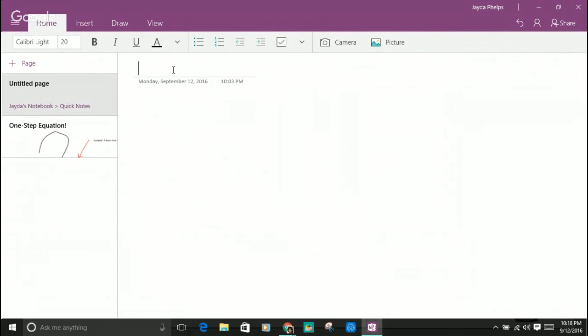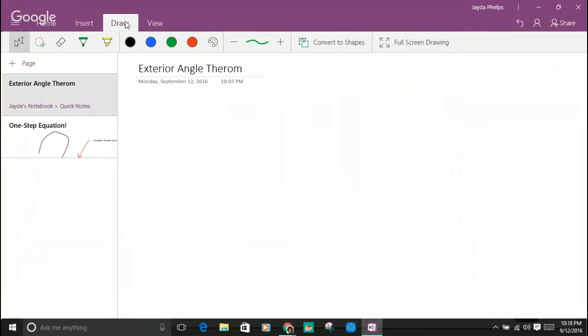So with the exterior angle theorem, it's basically like a triangle.